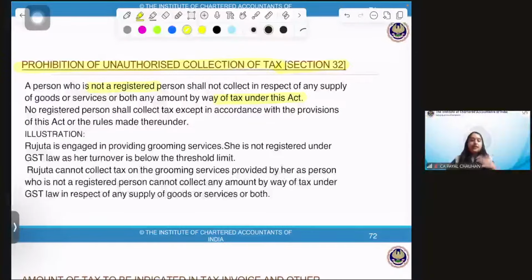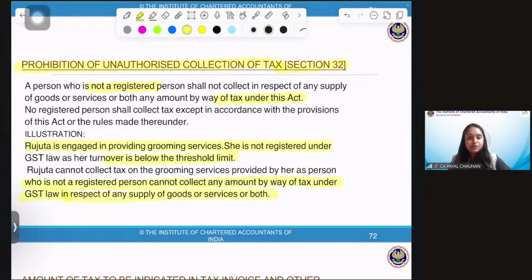But of course, if I am not registered under GST, I am not allowed to collect GST. Now, example, Rajuta is engaged in providing grooming service. She is not registered under GST law and her turnover is also below the threshold limit. Rajuta cannot collect tax on the grooming service provided by her, as a person who is not registered cannot collect any amount by way of tax under GST law in respect of any supply of goods or services or both.